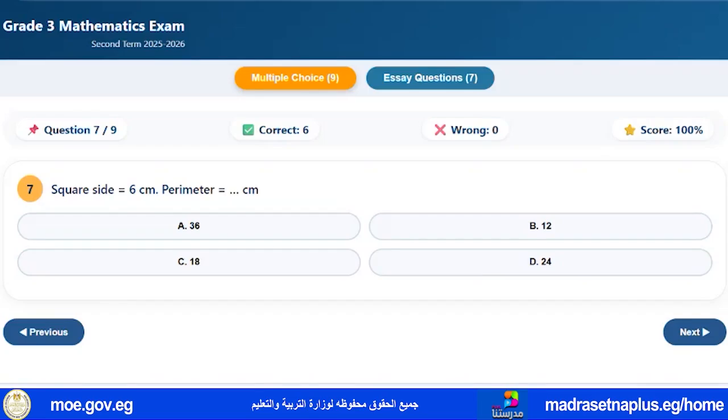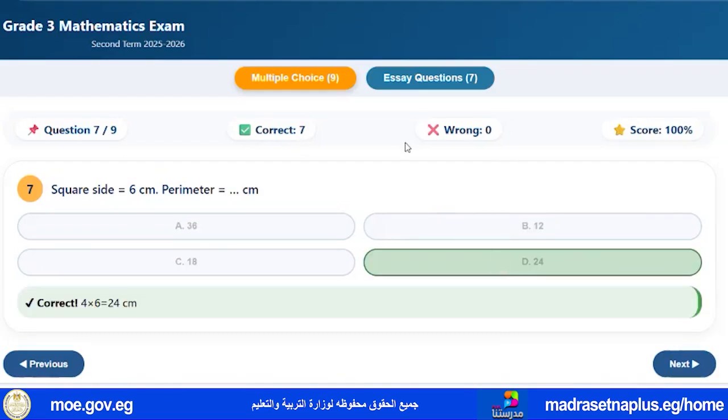By using multiplication, perimeter equals 4 times side. In our case, the side is 6, so 6 times 4. Anyway, you will get the perimeter of a square equals 24 centimeters by using addition or multiplication.